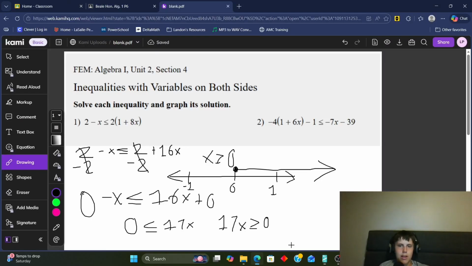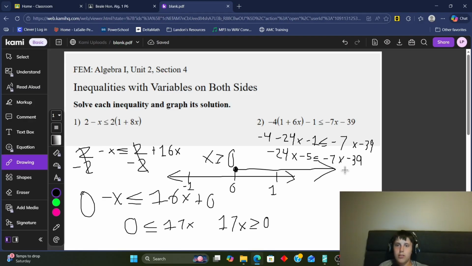So how we do that is we take this one. So first let's distribute. So we'll do -4 minus 24x, because notice we have -4 and 6, so it's negative, minus 1 less than or equal to -7x minus 39. We have -24x minus 5 less than or equal to -7x minus 39.